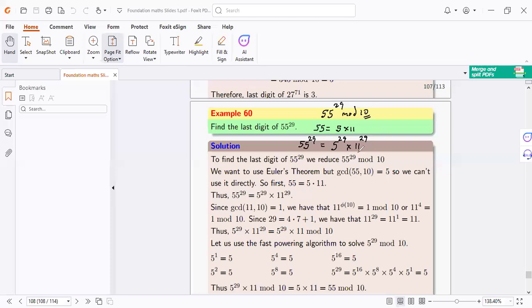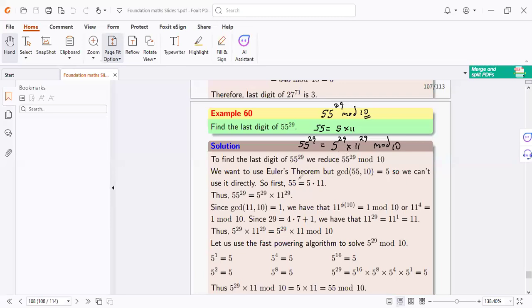So at least I have somewhere I can use Euler phi. I will work out 5 raised to 29 mod 10, get the answer, then work out 11 raised to 29 mod 10, get another answer, then multiply the 2 answers. So I had to force it until there's somewhere I can use the Euler theorem.